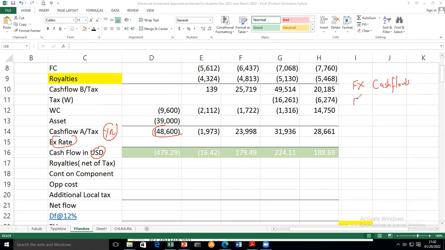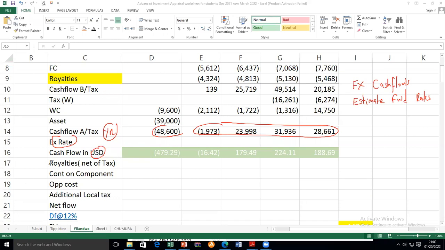So the examiner wants you to estimate the forward rates. And once these forward rates are estimated, we use them to convert these figures from Y rand into USD.